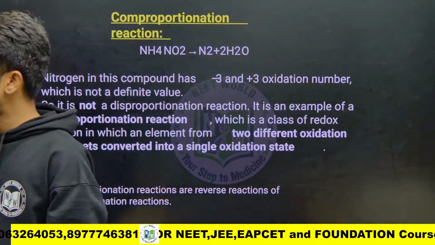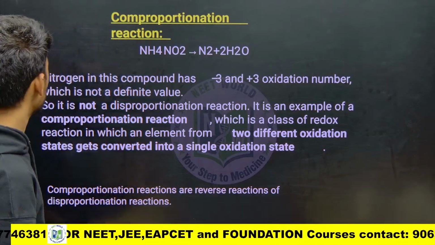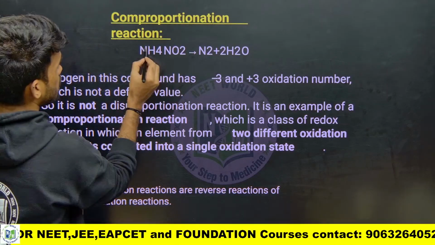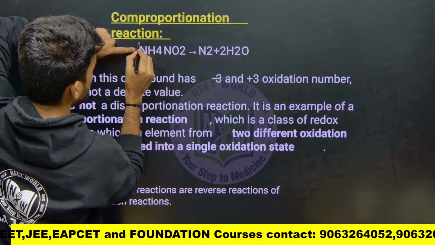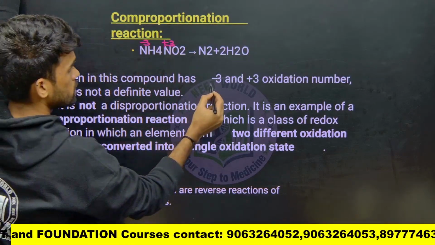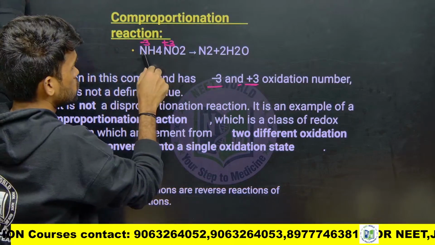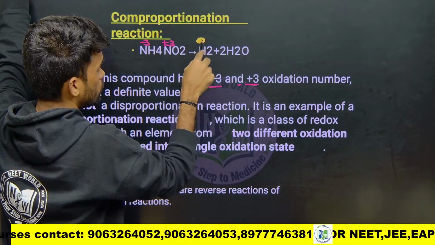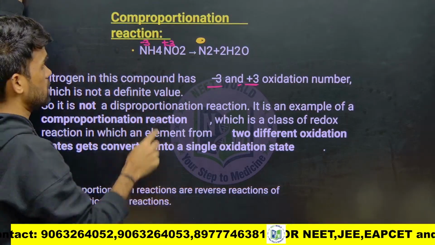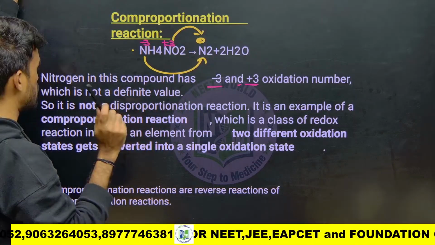These are the reverse of disproportionation reaction. Reverse of disproportionation means what? See in this example, if you find the oxidation state for nitrogen, here it will be -3, here it will be +3. Okay, so the same element having different oxidation states forms the same oxidation state. So -3 and +3 both form the same oxidation state.